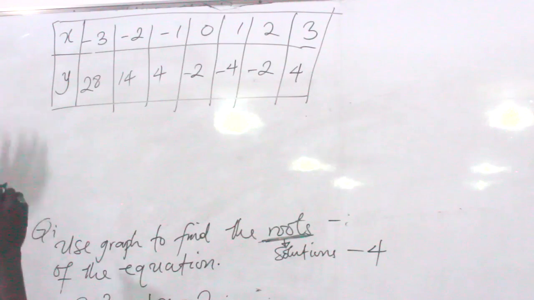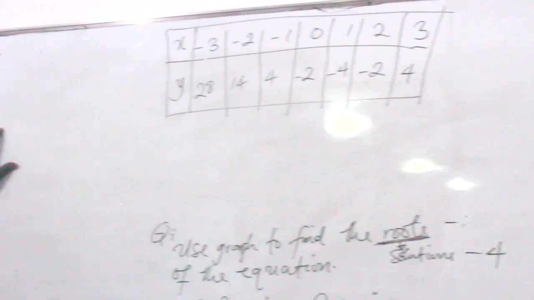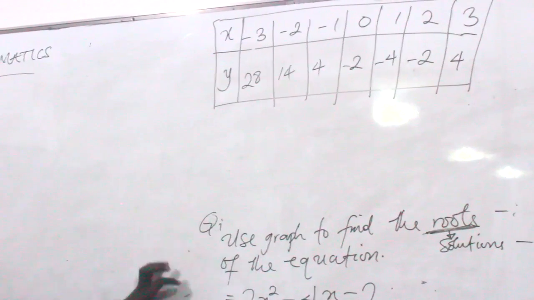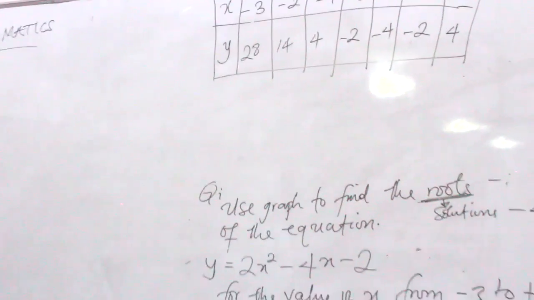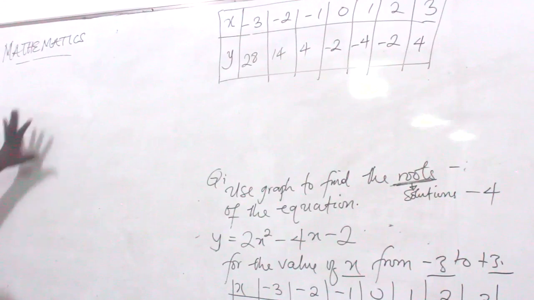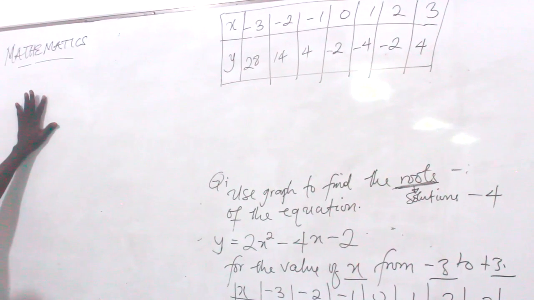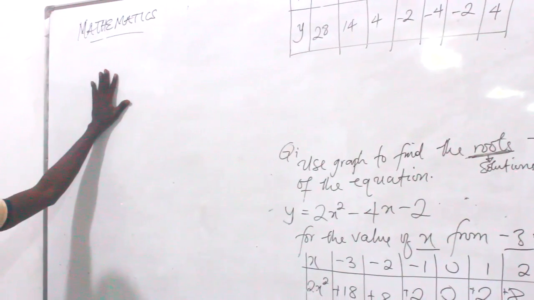So we will now use this table to plot the graph of the solution of the question y equals 2x squared minus 4x minus 2. Now, since this is a whiteboard, not a graph board, let us assume the values here.